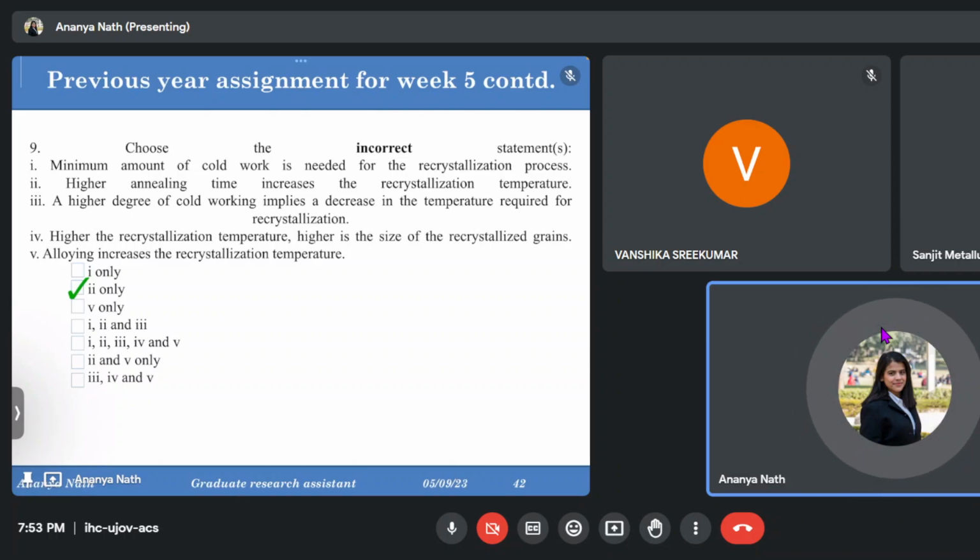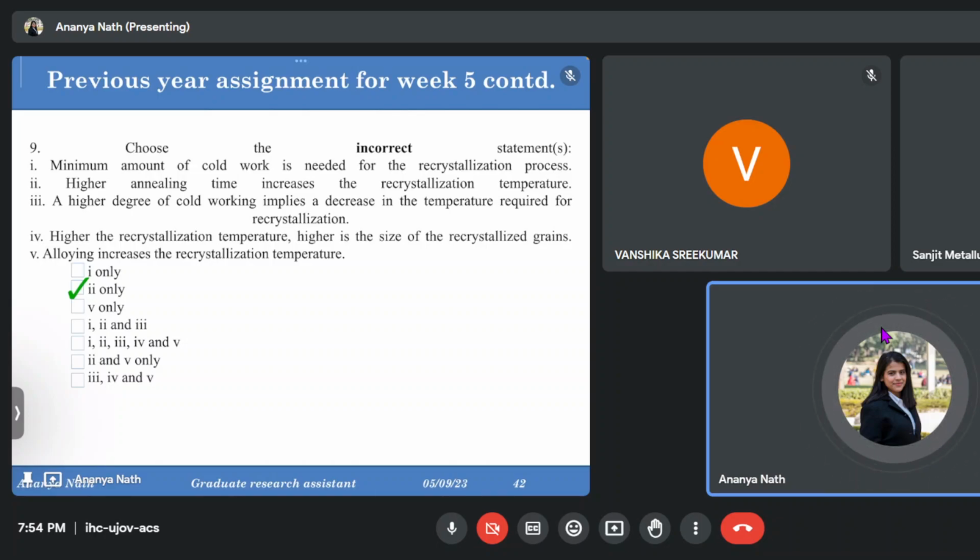We cannot comment on that, because if we are increasing the temperature, it may happen that CDRX is happening. CDRX will happen at the time of deformation only, but the micro shear bands and all that may happen at higher temperature.